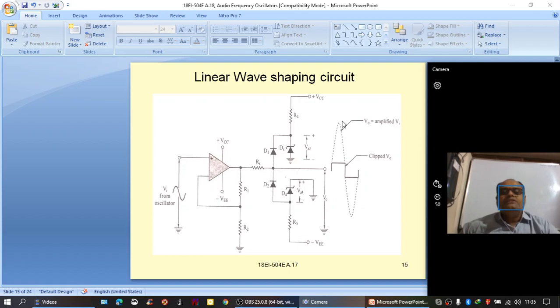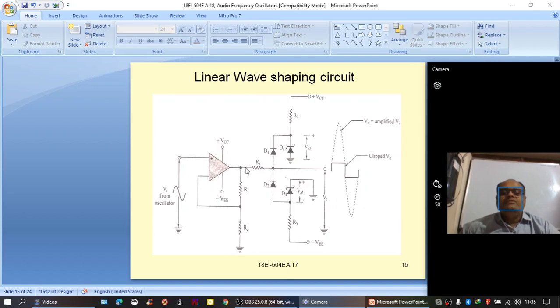During the second quarter of the positive half cycle, when the sinusoidal signal is decreasing gradually, at one point of time, the sinusoidal voltage applied at the non-inverting terminal of the operational amplifier would be lesser than the inverting input. So what happens? The output of the comparator will go low.